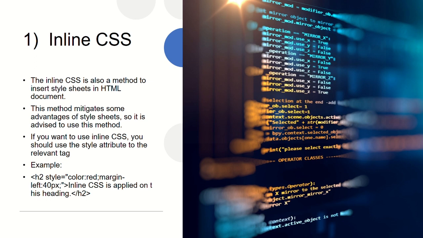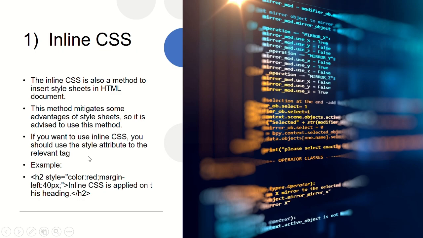In this example, h2 is an HTML tag and the style attribute is used, followed by equals, the color property and the value, and a semicolon. In this way we can use inline CSS in HTML.